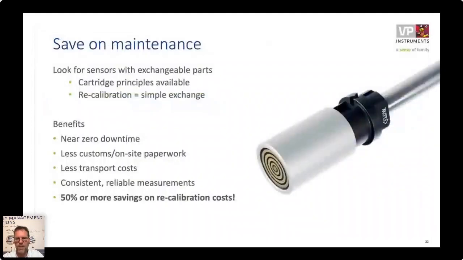So that's what we did, and we created this sensor cartridge principle, which is available in our FlowScope M product. That's a very convenient way to recalibrate. It's basically swapping the sensor, and that's why we recommend this, especially when you are abroad and you deal with a lot of customs issues when importing products from our country, from Europe.